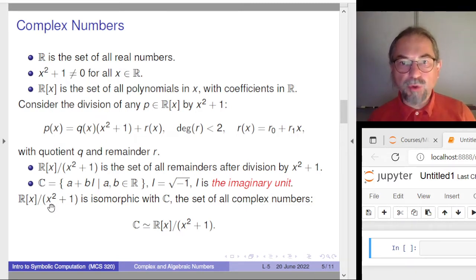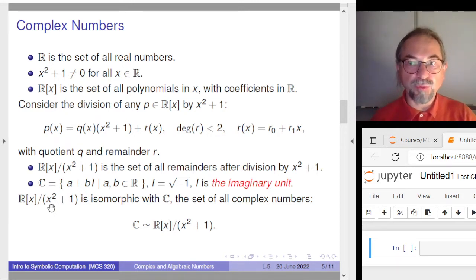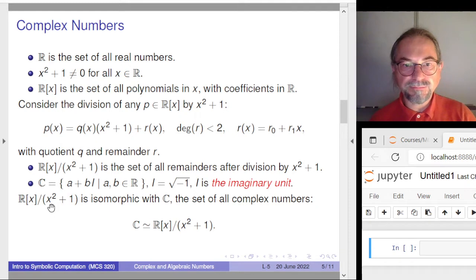Let's forget about the quotient right now, but the remainder has degree strictly less than 2, because the divisor is a quadratic polynomial. So the remainder can be defined by two real coefficients.